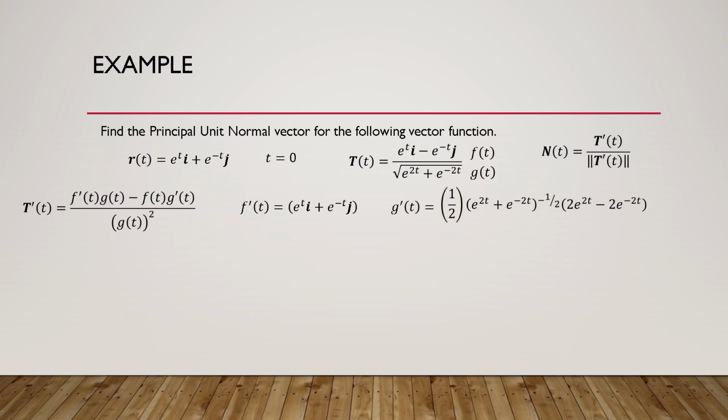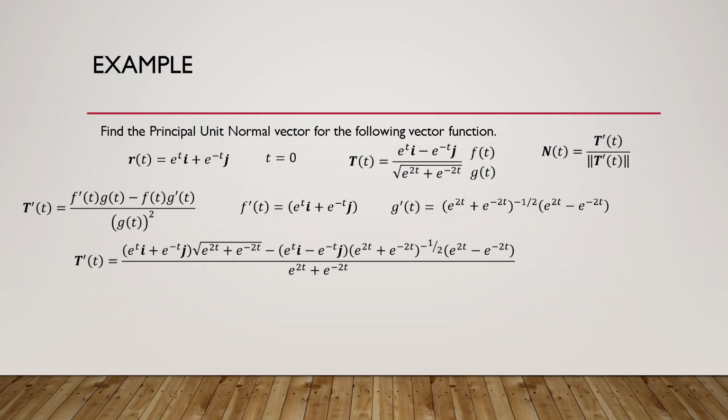G prime of t will be 1/2 times the quantity e to the 2t plus e to the negative 2t to the negative 1/2 power, times the quantity 2e to the 2t minus 2e to the negative 2t. The 1/2 can cancel with the 2's in the last term, leaving a more simplified form. We then piece these terms together.